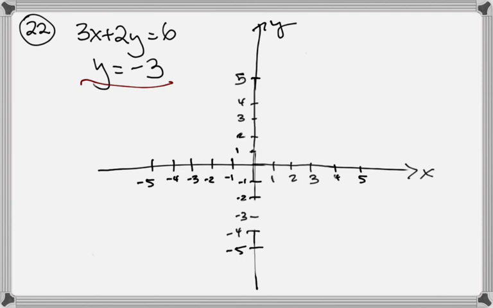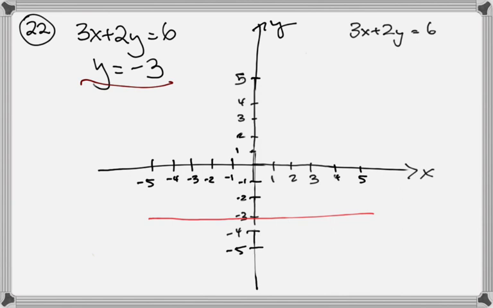What kind of graph is that? Horizontal line. That would be a horizontal line at -3. So that means there has to be a point of intersection here because y is -3. We already know that. How about 3x plus 2y equals 6?